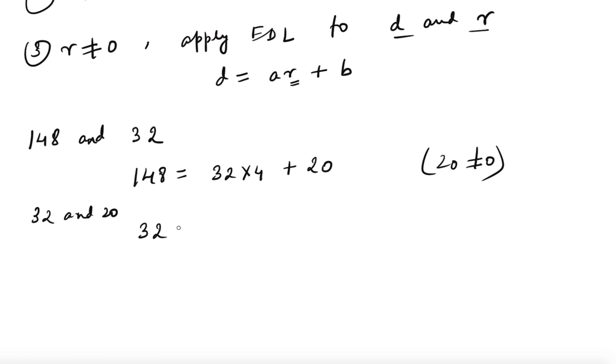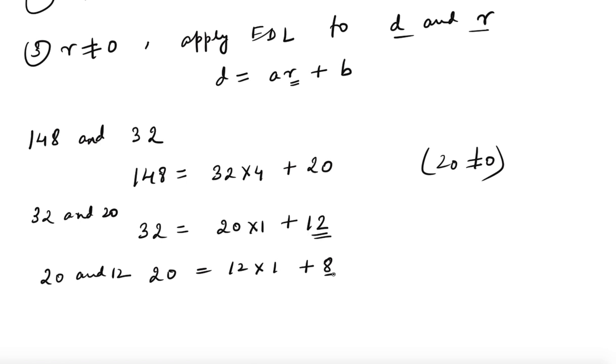Now 32 can be written as 20 into 1 plus 12. Again r is not equal to 0, so we'll apply Euclid's division lemma to 20 and 12. Now 20 is equal to 12 into 1 plus 8. Again this is not equal to 0, so we'll apply Euclid's division lemma to 12 and 8. So 12 is equal to 8 into 1 plus 4.